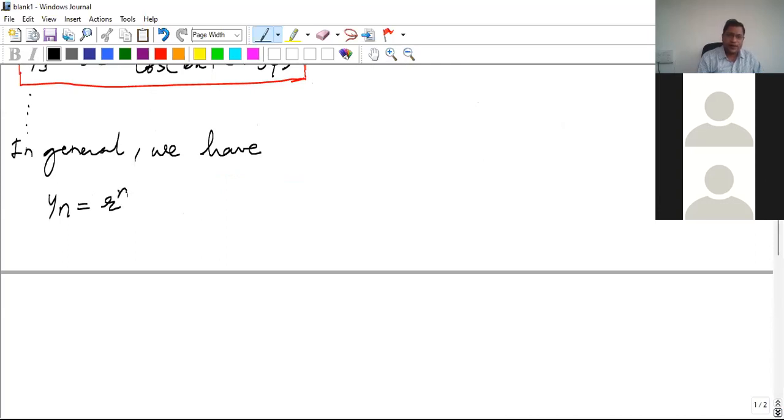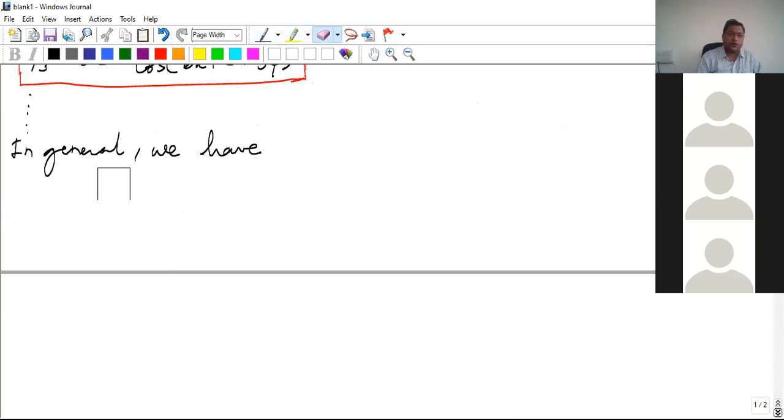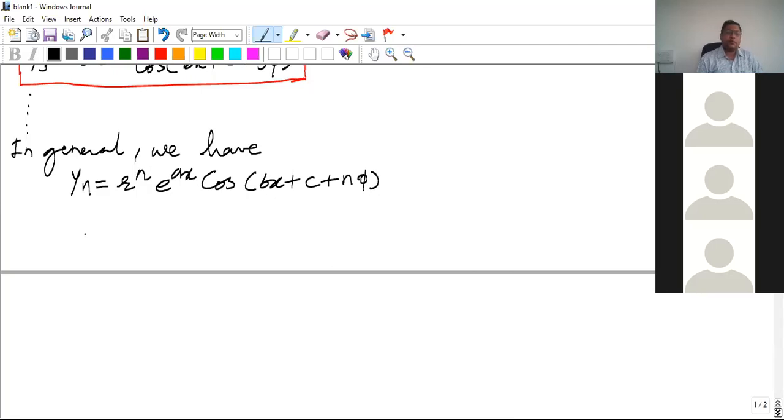So we get r raised to n, the number of times I am taking the derivative, and then it is e raised to ax times cos of bx plus c plus n phi.